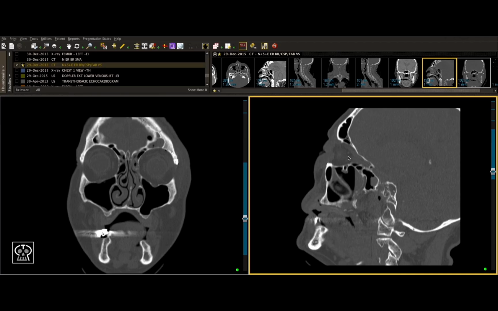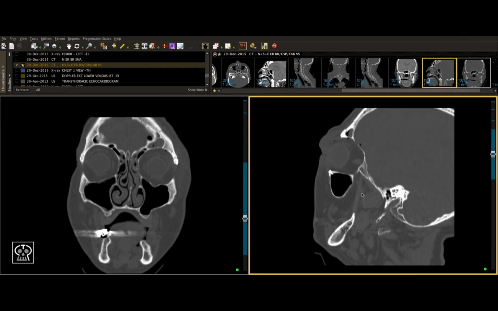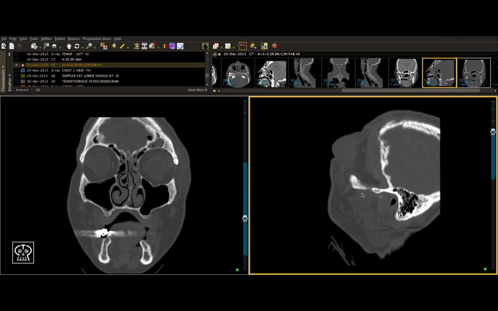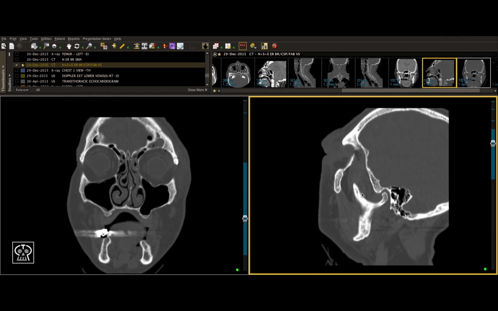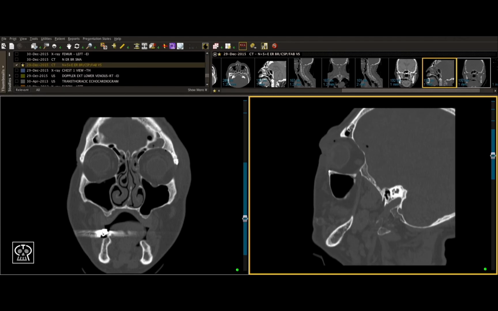As we pull up our sagittal view next, we take a look at this side, and once again, we're able to easily visualize the fracture in the supraorbital rim. To make it even clearer, you can see in the bone view how much easier it is to see.